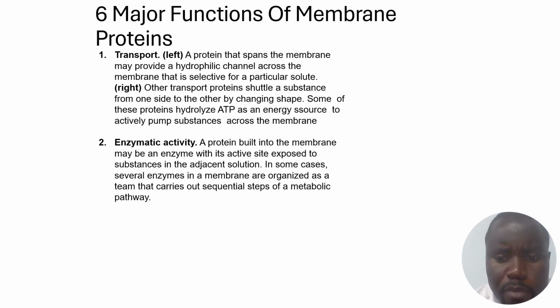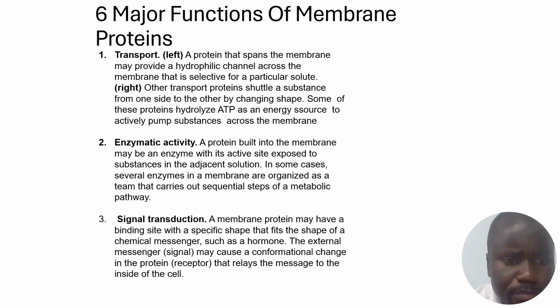We also have membrane proteins performing enzymatic activity, where proteins that make up the cell membrane may be enzymes in nature, leading to their ability to convert specific substances into products that become useful in the cell. For example, some membrane proteins like sodium potassium ATPase convert ATP into ADP and inorganic phosphate to produce energy that drives active processes.